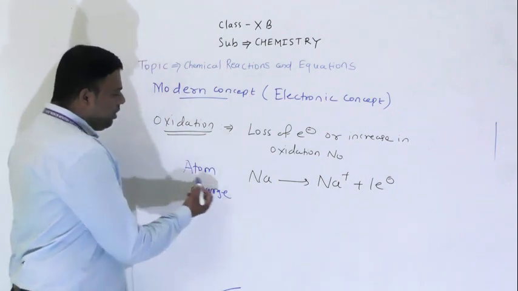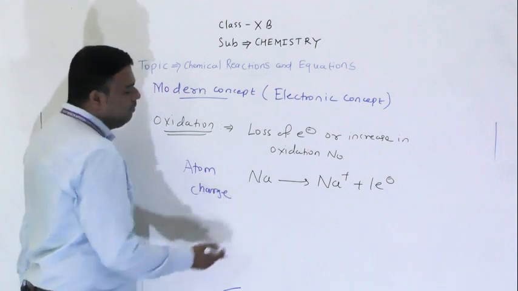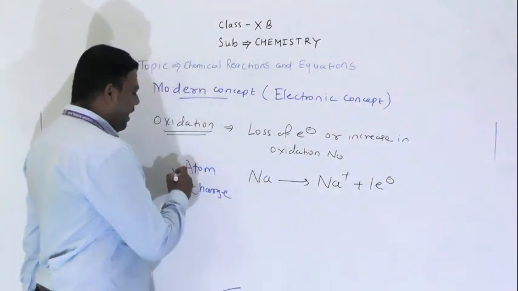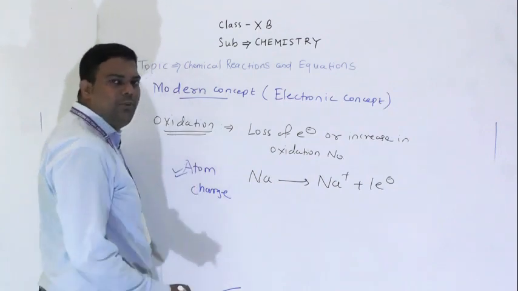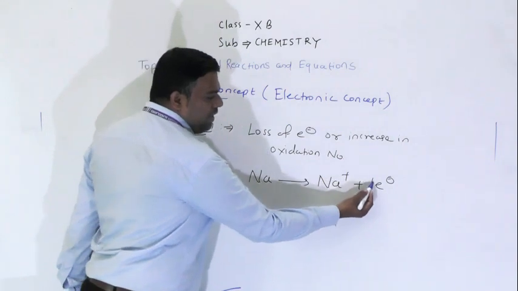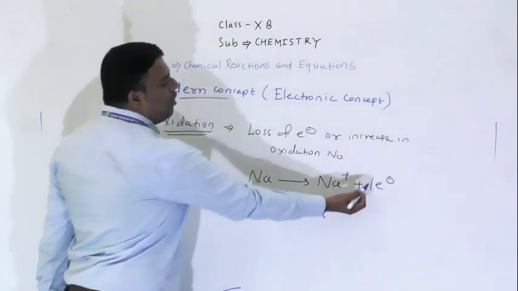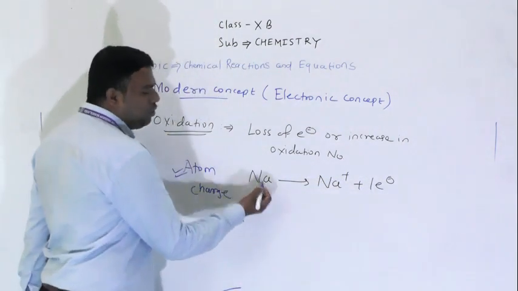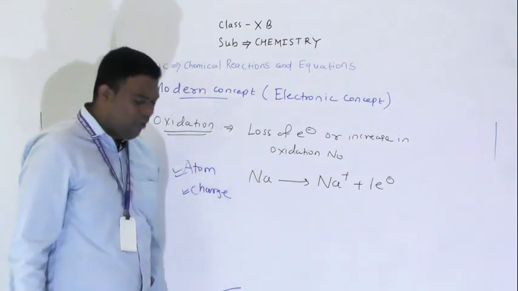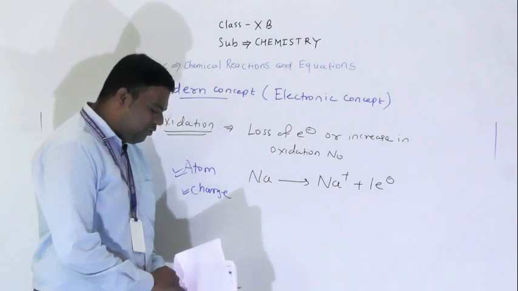Okay, so we will cross check first atom. So this 1 Na, here also 1 Na. Okay, so our atom is balanced. Now it's time to balance charge. So see here +1 and here 1 minus. So +1 and 1 minus is 0, and here also 0 charge. So our charge also balanced. So whatever we wrote, that reaction is correct.